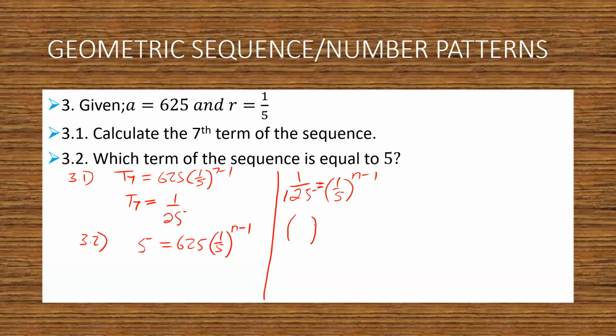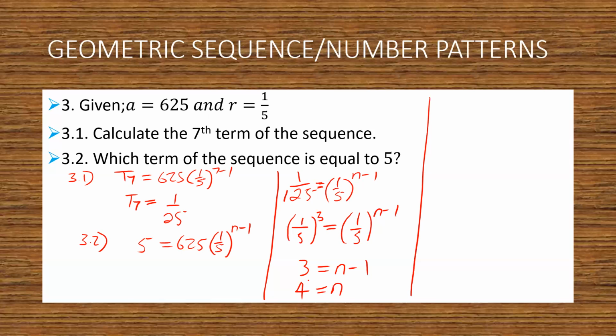I said 1 divided by 5 to the power of 3 equals 1 over 5 to the power of n minus 1. Yes. And then 3 equals n minus 1. And what is n? N equals 4. Yes. All right.